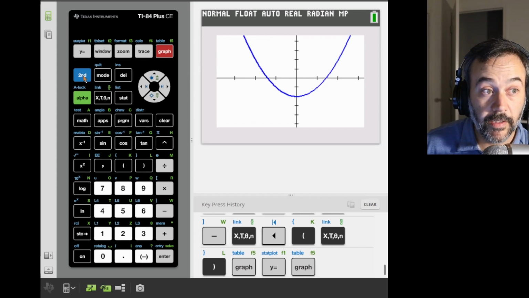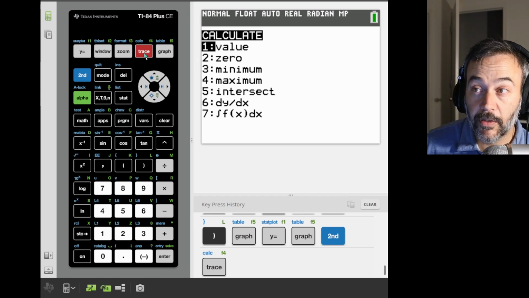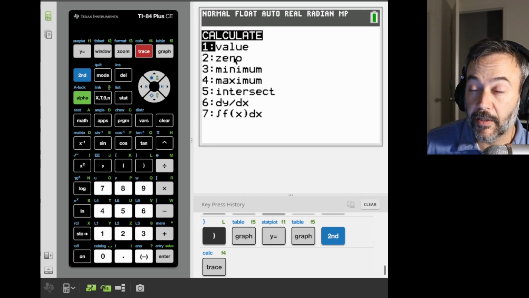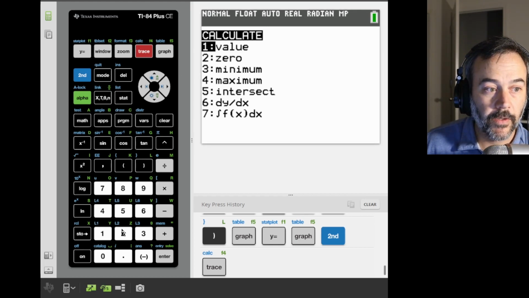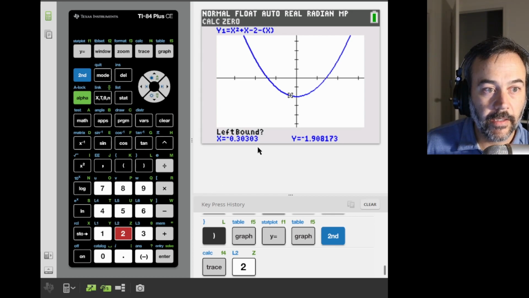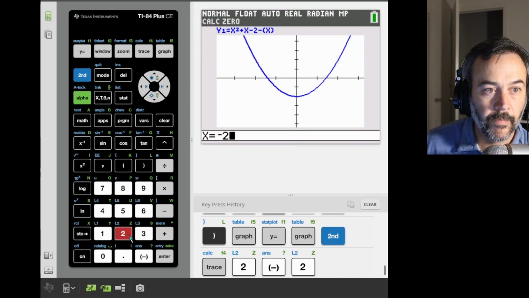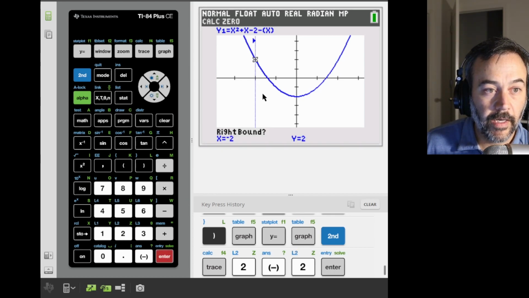So I'll use the second calc 0 function. I hit 2, and it's going to ask for a left bound. We want to pick something to the left of this 0. So how about -2? Enter. And I'll pick something to the right.